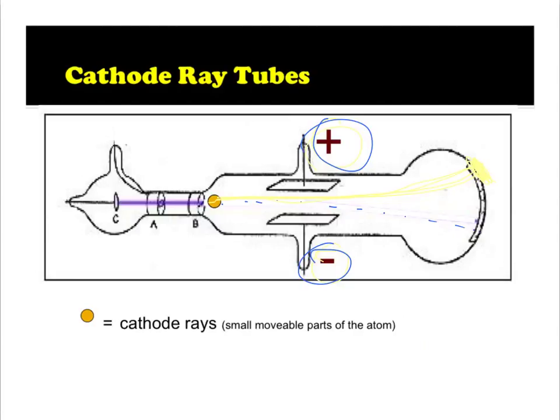Since they went down when the bottom one was plus, they were hitting down here. And then now that the top one is plus and they're hitting up here, we can conclude that this little movable part is really a negative piece of the atom.